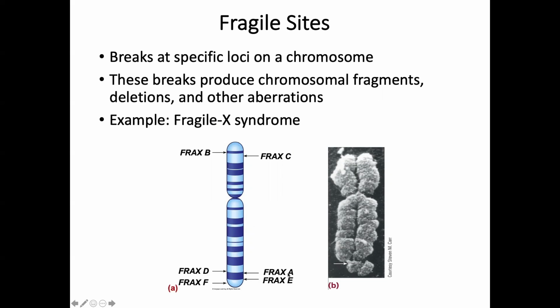However, A, E, and F are rare sites. Clinically, the expression of A is associated with Fragile X syndrome, the most common cause of hereditary intellectual disability. Okay, so this figure is a photograph of an X chromosome showing a fragile site in this position.